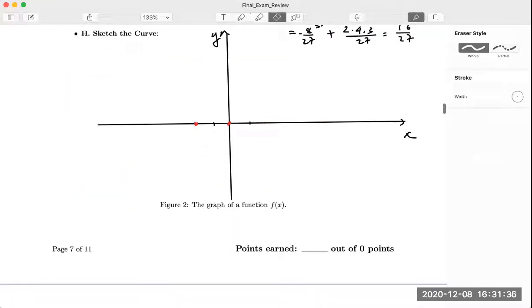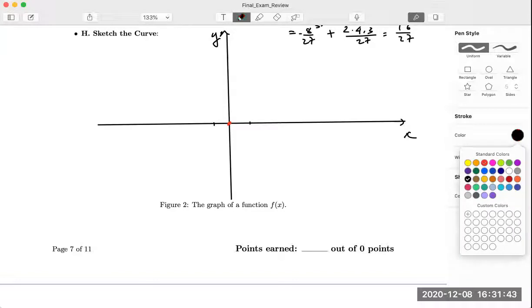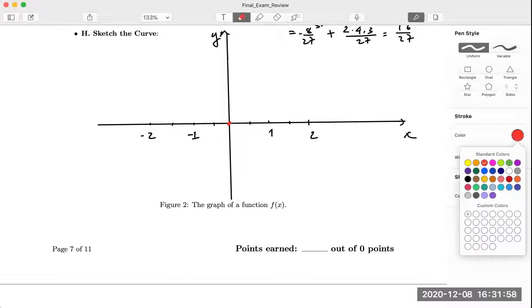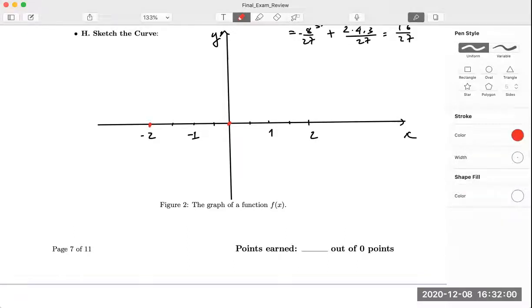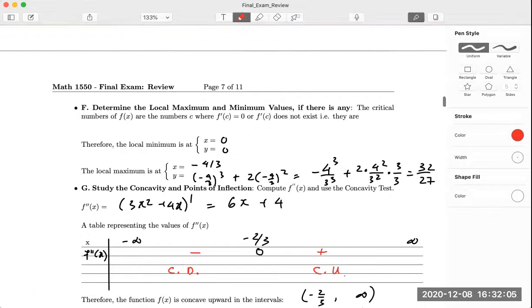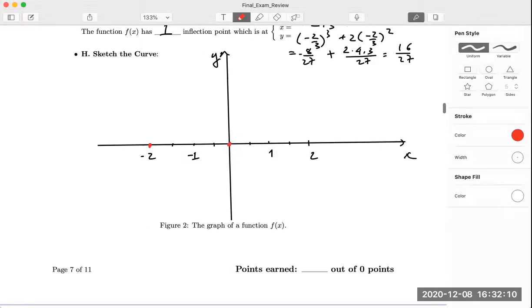Let us make it a little bit bigger. Here is 1, negative 1, negative 2, 2. So the graph goes through these 2 points. Okay, and here is the local maximum at negative 4/3, which is this point.